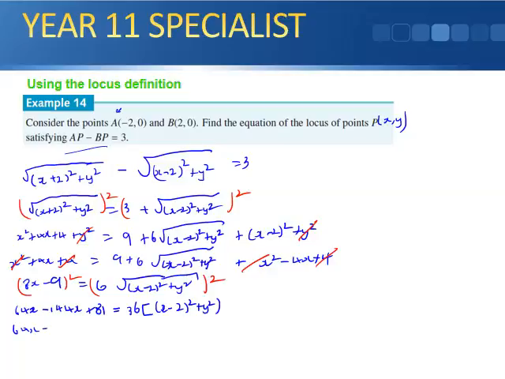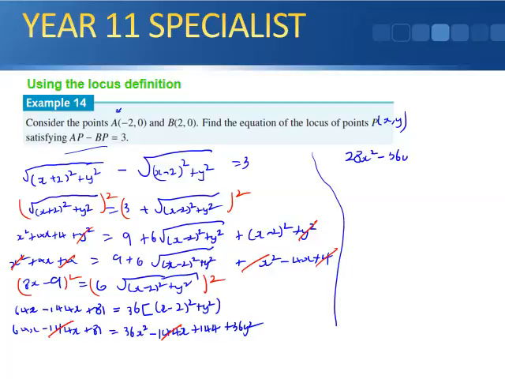Okay, which becomes 64x squared minus 144x plus 81 equals 36x squared minus 144x plus 144 plus the 36y squared. And therefore I get 28. I'm going to continue it over here. 28x squared minus 36y squared equals 63.